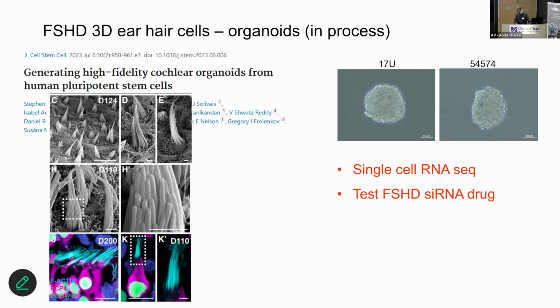Here 17U is a control, and the patients are shown from the starting point to the 3D organoids. Once we get the organoids, we want to do single cell-seq to confirm if DUX4 is induced. Then we will test Kellen's siRNA drug to see if DUX4 expression can be knocked down or decreased in hearing loss.